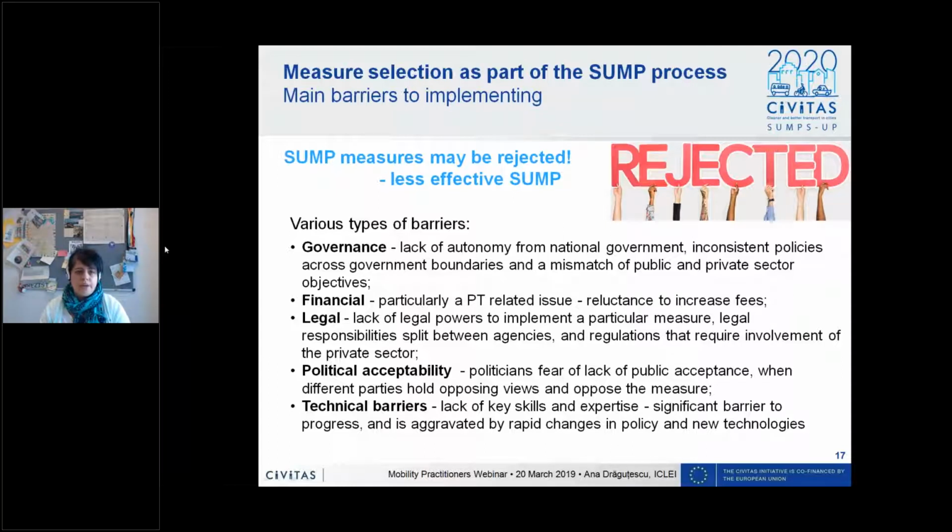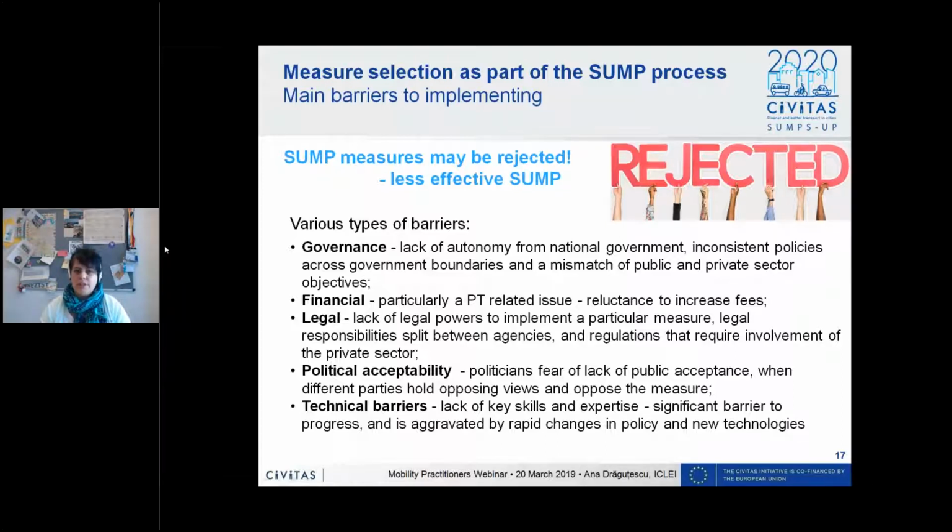There are financial barriers, particularly related to public transport issues, because there's a reluctance to increase the fees. Some of the measures would require an increase of fees for public transport operators. There are legal barriers because the legal powers to implement a particular measure might not exist. The legal responsibilities could be split between agencies, and regulations may require involvement of the private sector.